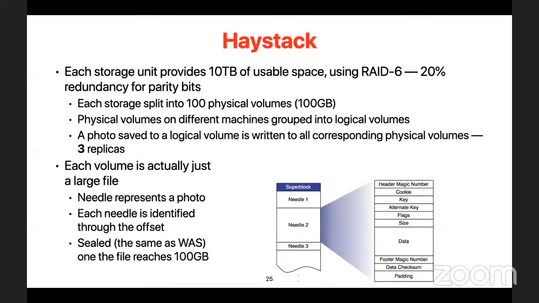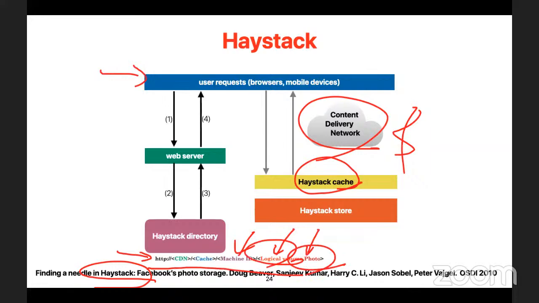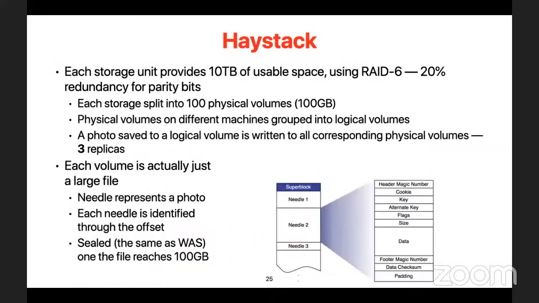If you look at their format, they have the logical volume and they have the photo. If you want to look up a specific photo, you just tell the file system, I want to get the photo located at which volume, which location. That's it.